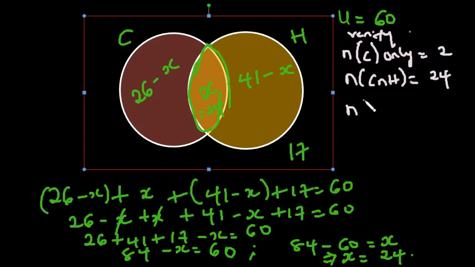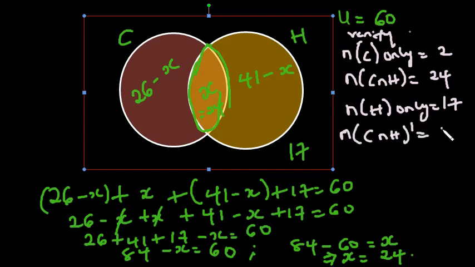Then our people who watch horror film only now will be equals to 41 minus 24, which is actually also 17. So now we have all of this now, and we have our number of C intersection H complement to be 17. Addition of these 4 should give us 60. So that's how to verify whether you are right or you are wrong.